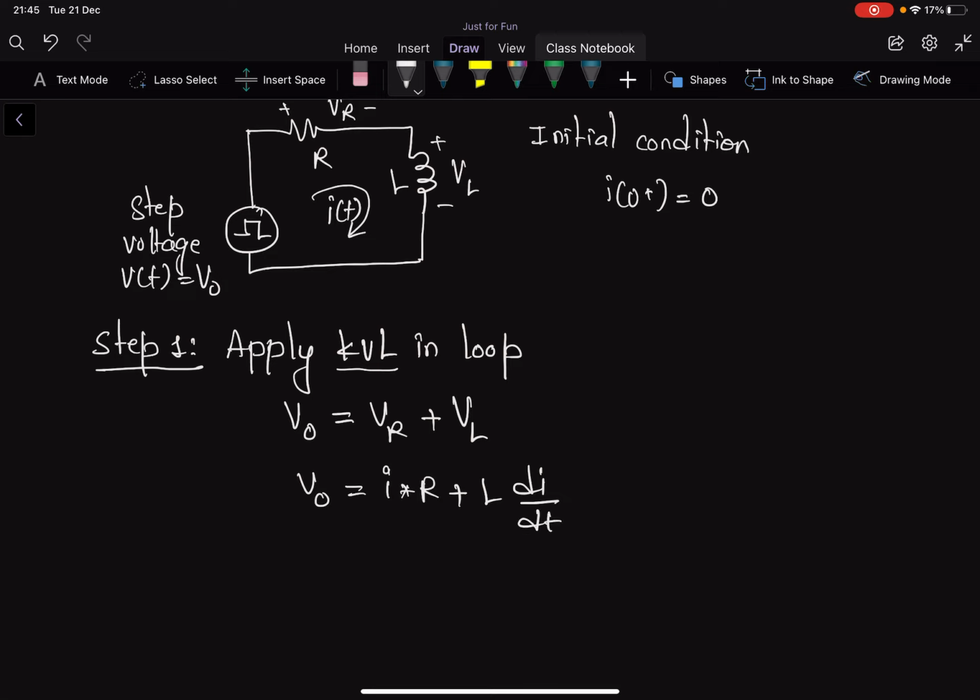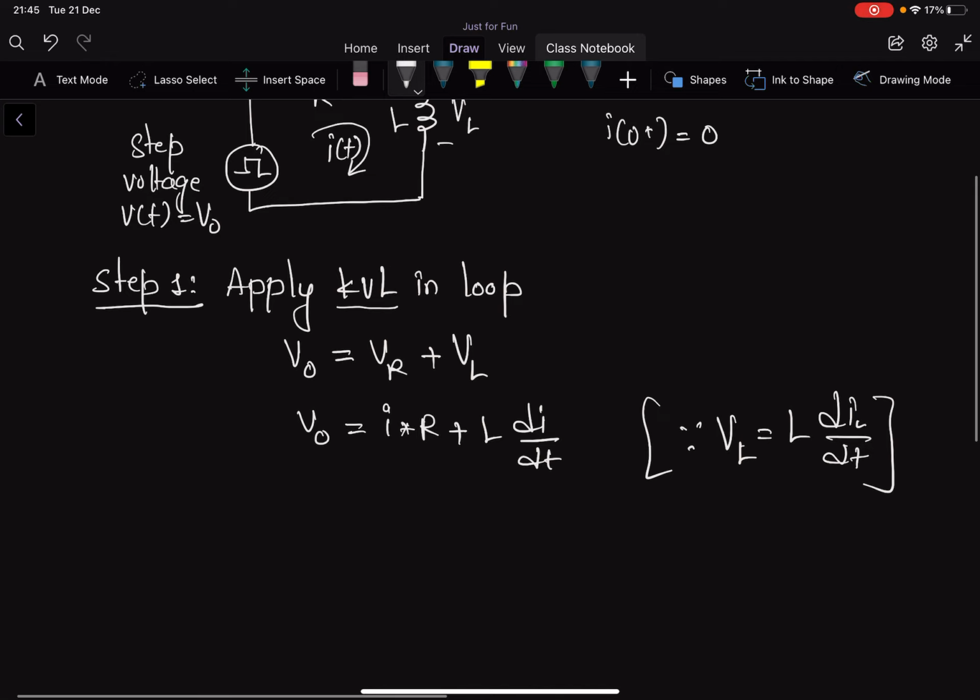Since this is a series circuit, IR and IL are the same, so I'm using IL as I in this equation.